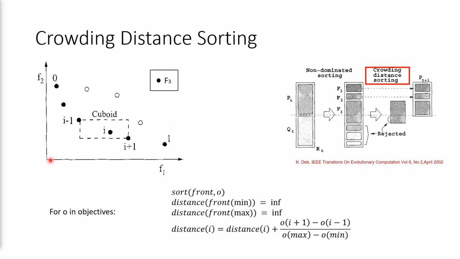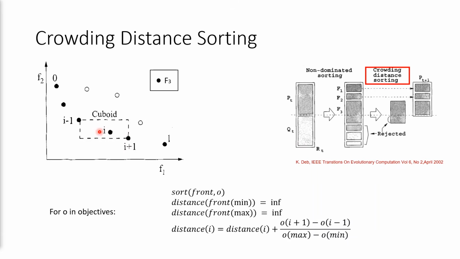For every sorting iteration, the individuals with the smallest and the biggest value for this target indicator get a very high distance value. In my example, it is set to an infinite number, and the distance of the others is calculated by taking the distance value for the neighbor objectives.